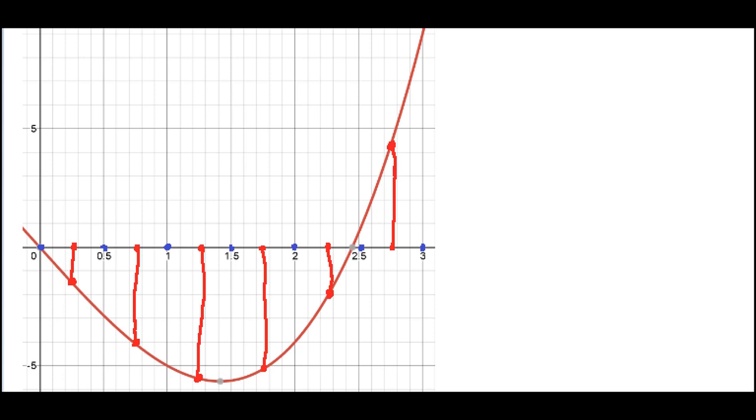Let us use a different color to complete these rectangles. So here's my very first rectangle, my second one, my third one, and observe as I'm drawing it that I am always guided by my function value, which is giving me the height of the rectangles.